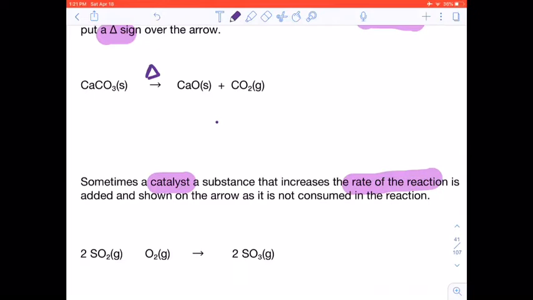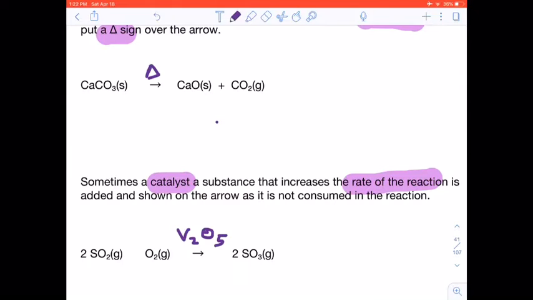Like for instance, if we have 2SO2 plus O2, which gives us sulfur trioxide, so sometimes we put a catalyst and we say V2O5 is normally a catalyst.